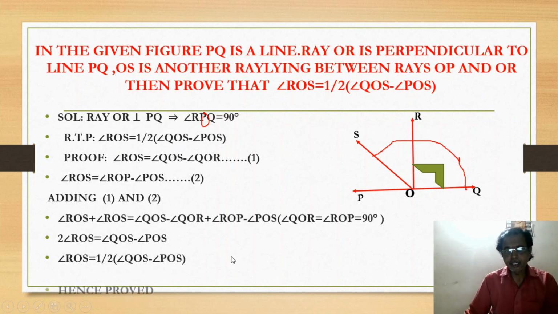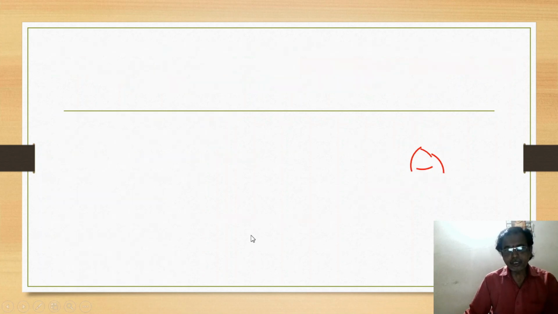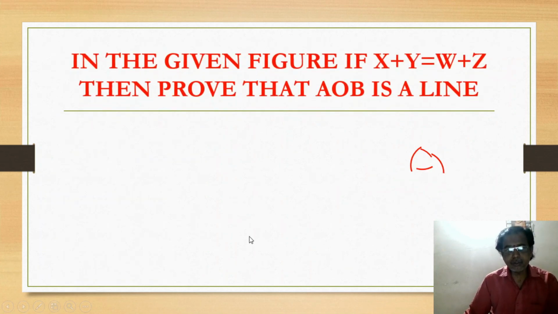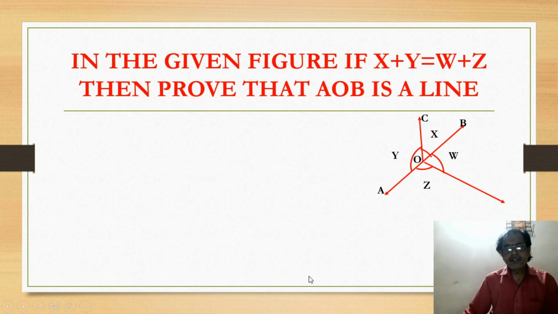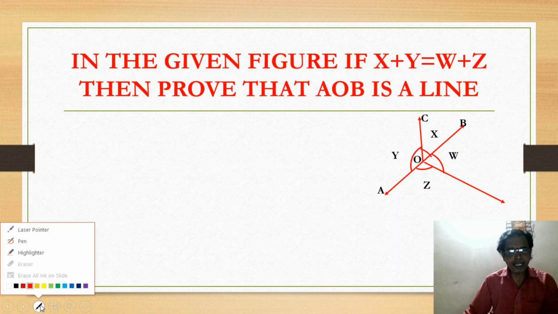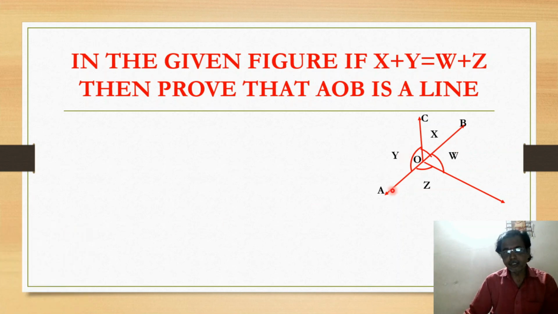Okay children, now let us see one more important question, very easy but very important. In the given figure, x plus y is equal to w plus z. See this question properly. Actually these two pairs of angles are on either side of line AB.